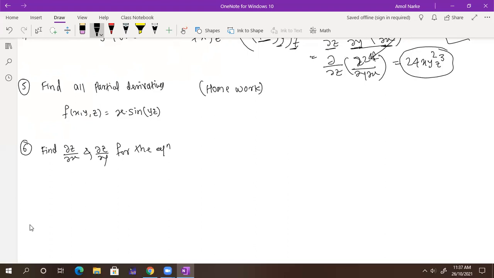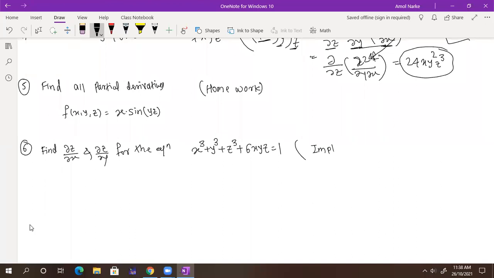Now they have given some equation: x cube plus y cube plus z cube plus 6xyz is equal to 1. It is called an implicit function.